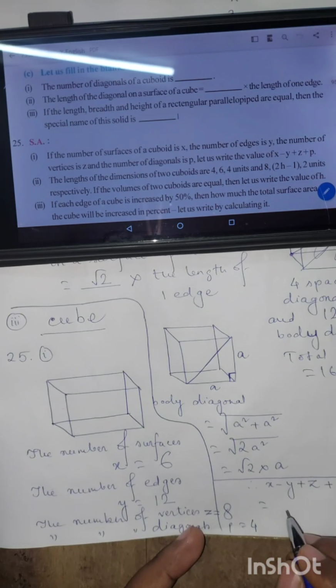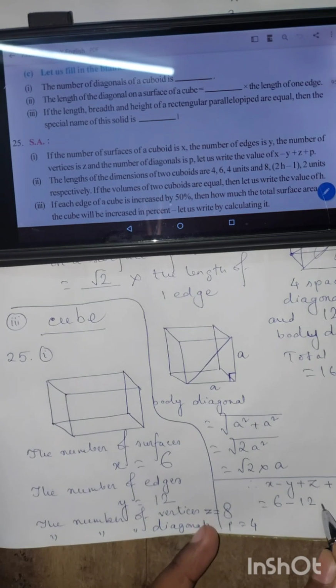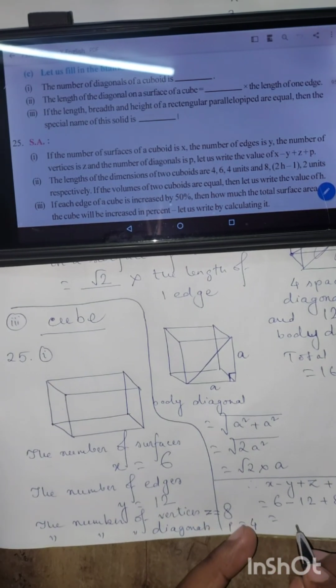That is 12, 18. From 18, 12 is being subtracted, so it is 6. So the answer should be 6.